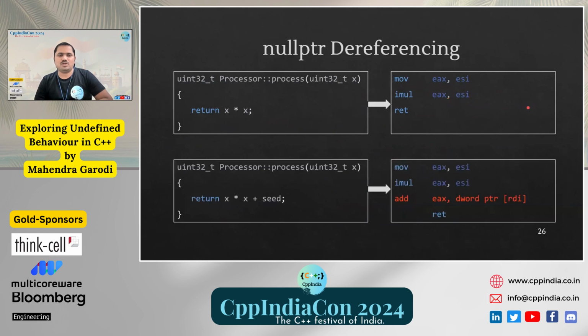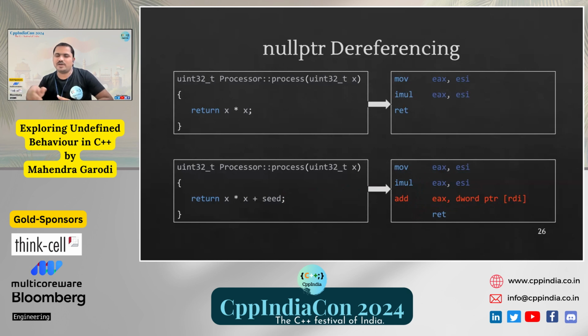But when you have this seed value here, now see how the assembly is getting changed. This is remaining the same, but we are doing some addition. In the add, we are basically doing a dword pointer, RDI, and all these things. Not getting into the details. Once again, if you remember, RDI was nothing but our first argument. It's nothing but this pointer.